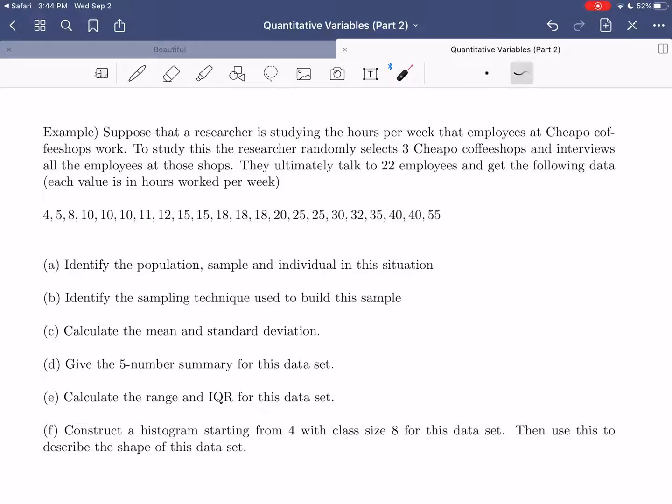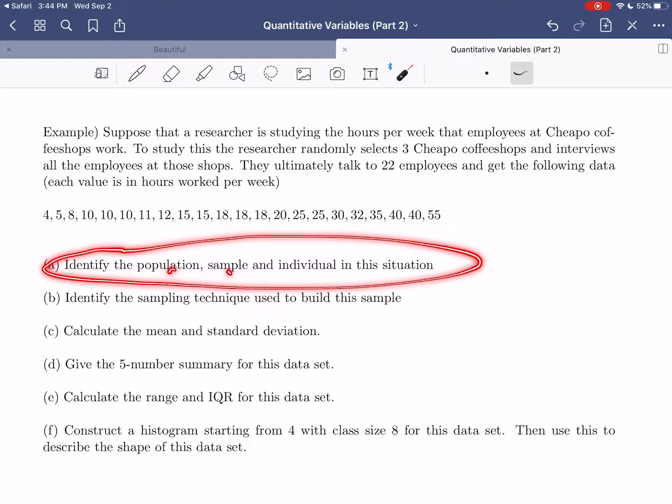Each of these data points, as it tells us here, is a value that is the hours worked per week. So one person said that they work 4 hours a week, somebody else said that they work 15, somebody else said that they work 55 hours per week. So we're going to do a bunch of things here, some as review and some as new content. We're going to do our classic identify the population, sample, and individual.